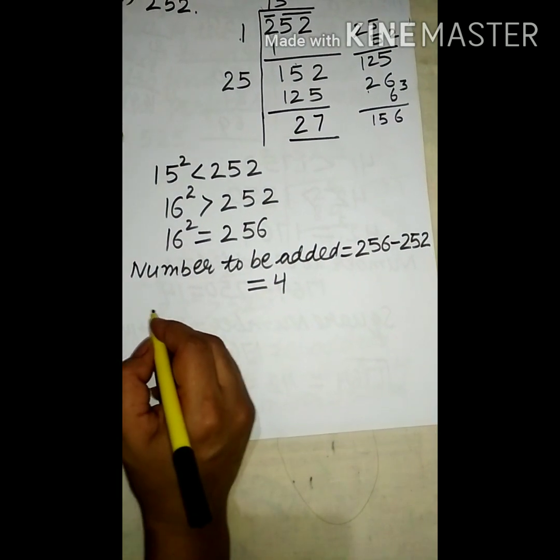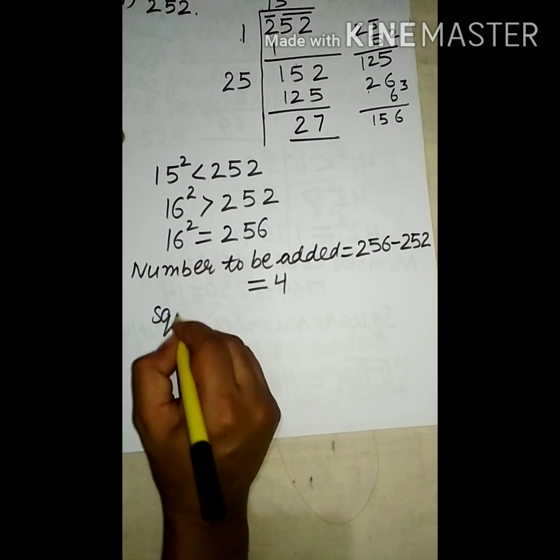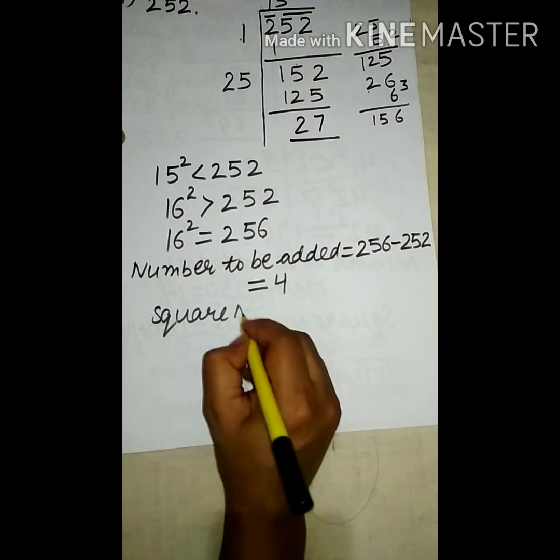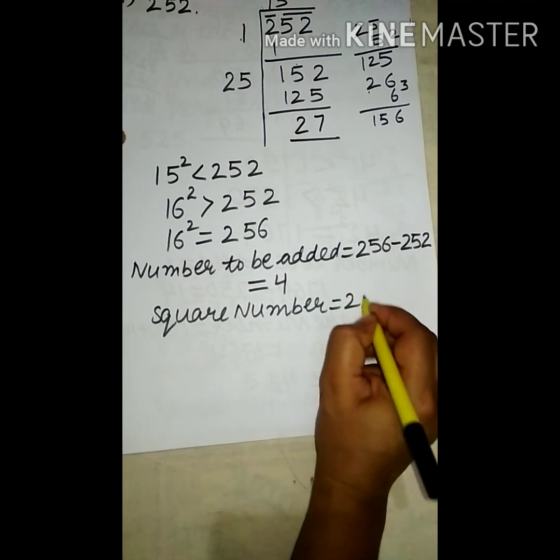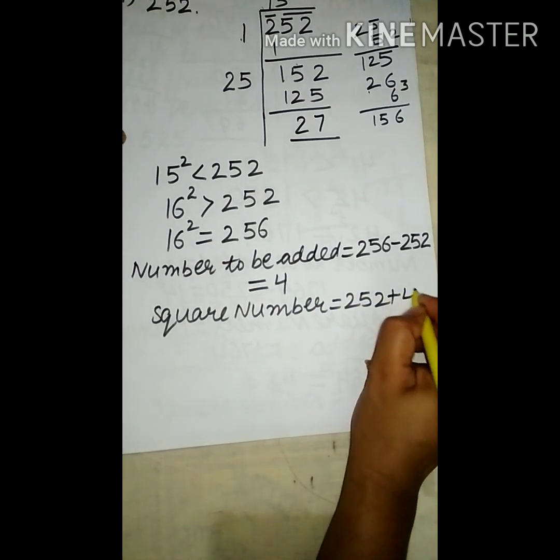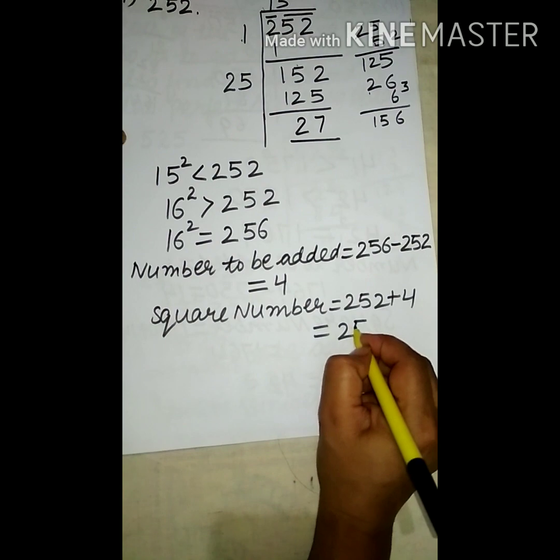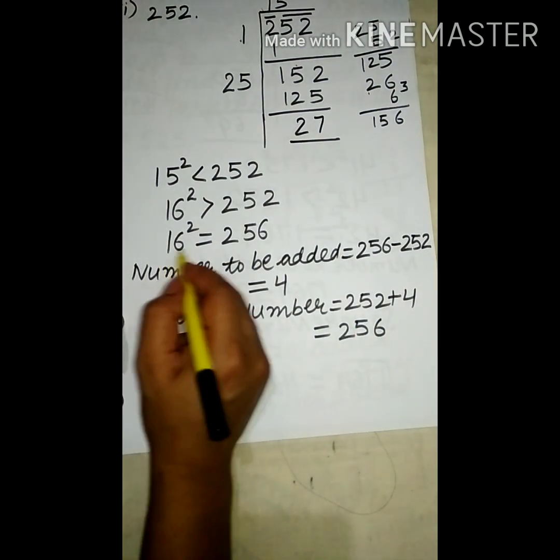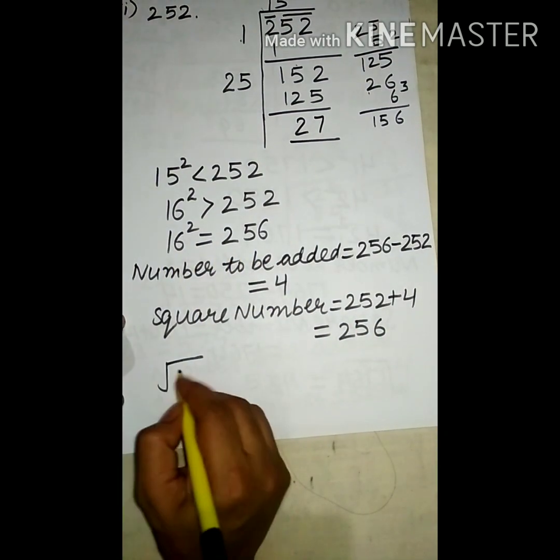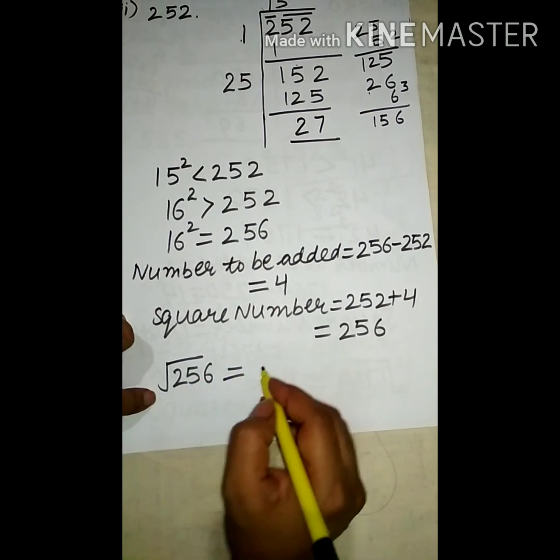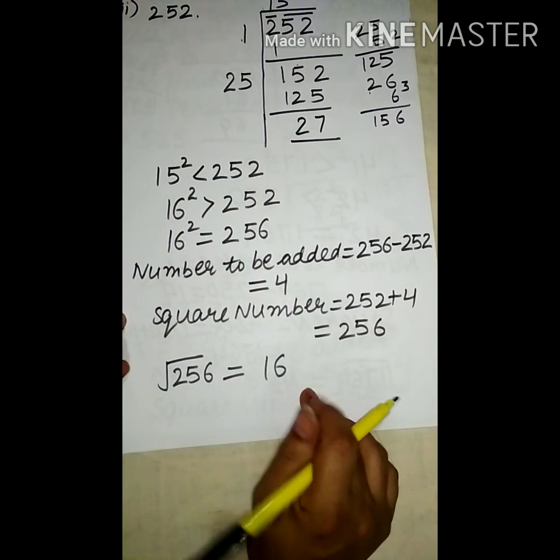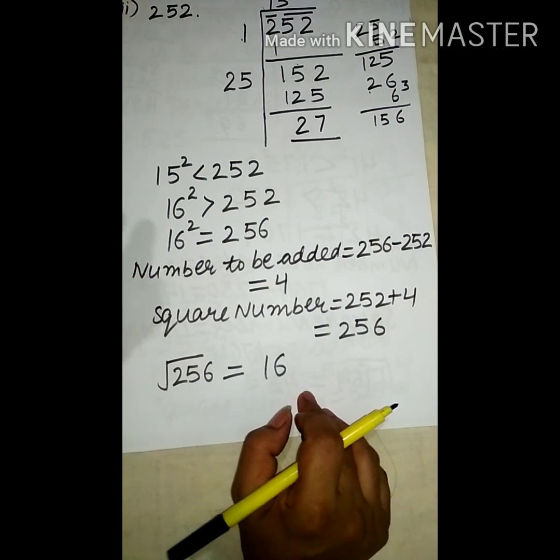So the square number will be 252 plus 4, that is equal to 256, and we have already written here the square of 16 is 256. So ultimately the square root of 256 will be equal to 16, which is the required answer.